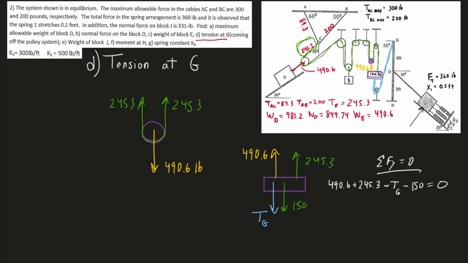So if I do a quick sum forces in the Y, 490.6 going up, 245.3 going up, a TG going down, 150 going down. If you do that math, you'll get 586 pounds, or the tension in that blue rope, which is the tension at G.